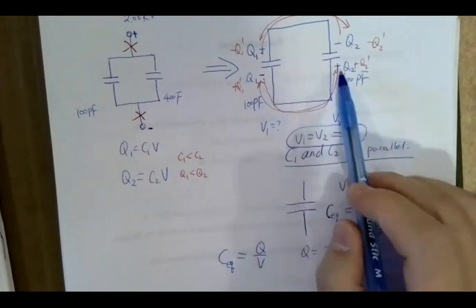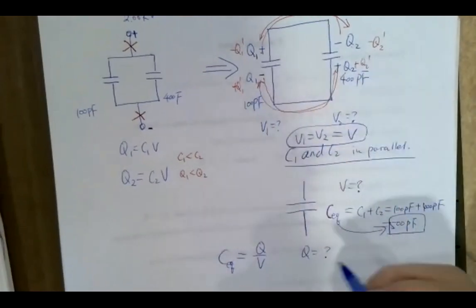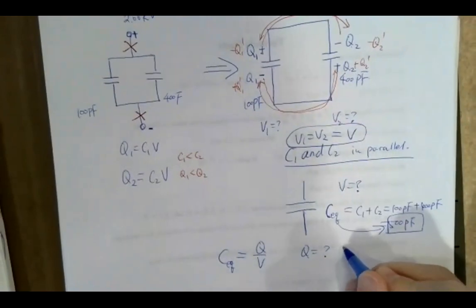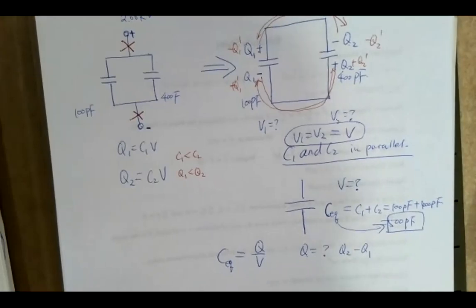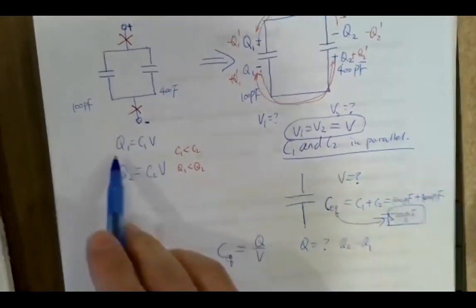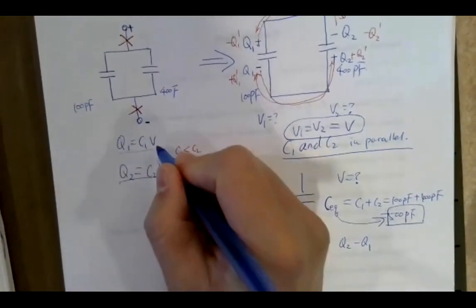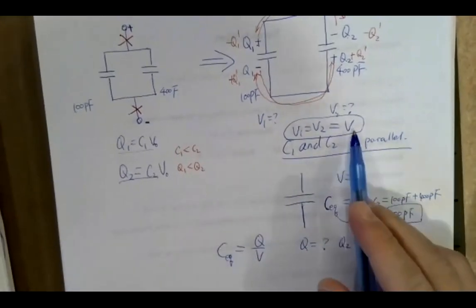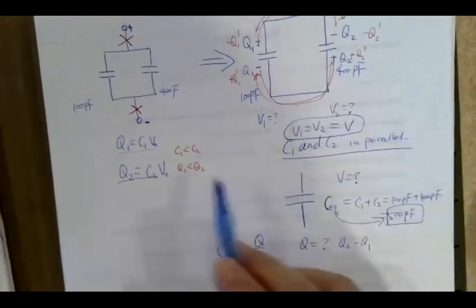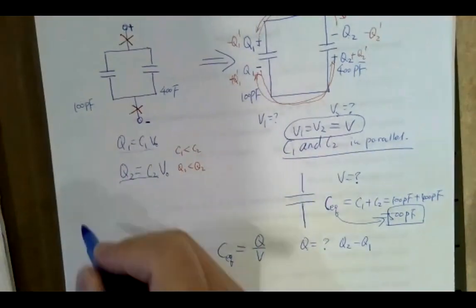At the bottom will be Q2 minus Q1. So the Q total will be equal to Q2 minus Q1. Q1 and Q2 can be calculated. Q1 is C1 times the original V. Let me put this as V0, not to mix with the final V.